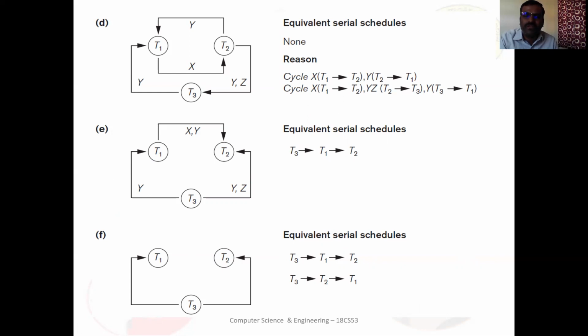Next, another cycle: T1 to T2, reading item X from transaction T1 to T2. Next, items Y and Z from T2 to T3. And item Y from T3 to T1.